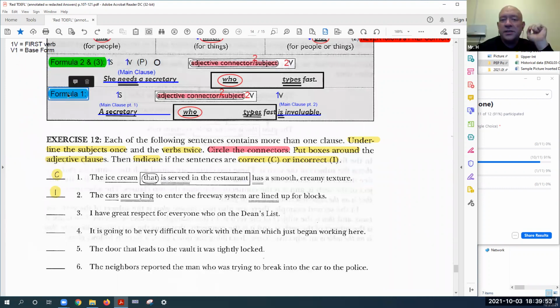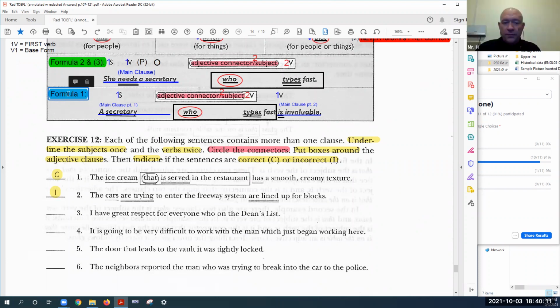Oh, okay, Formula 1. Why did I change the order and put Formula 2 up and Formula 1 down? Because Formula 2 and Formula 3 have the same parts.